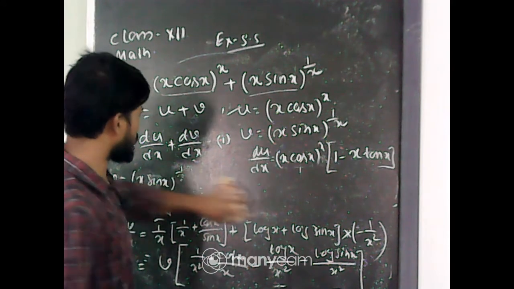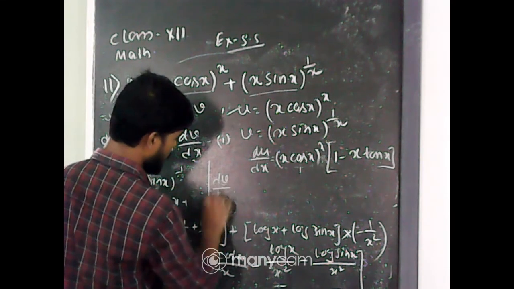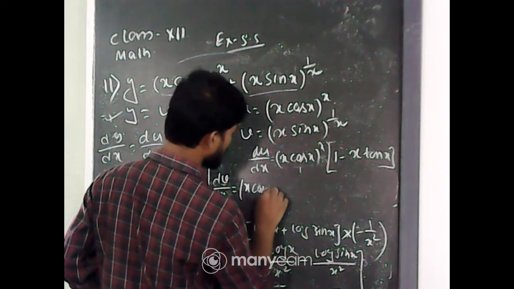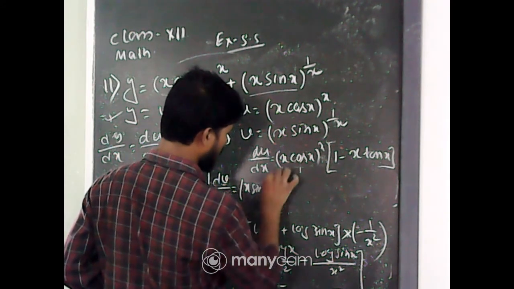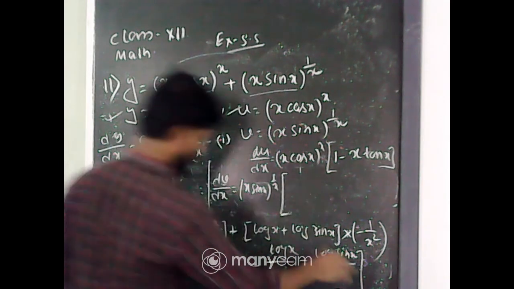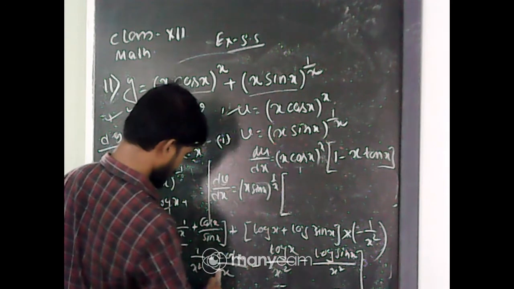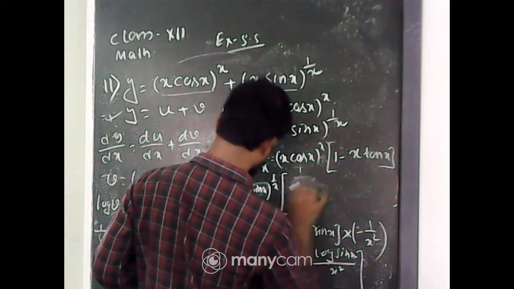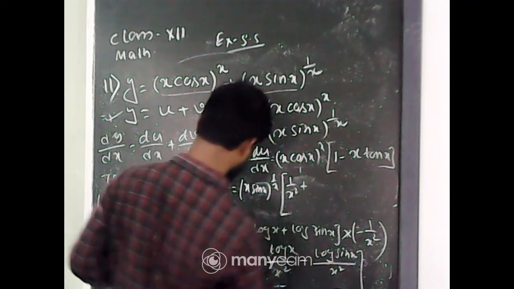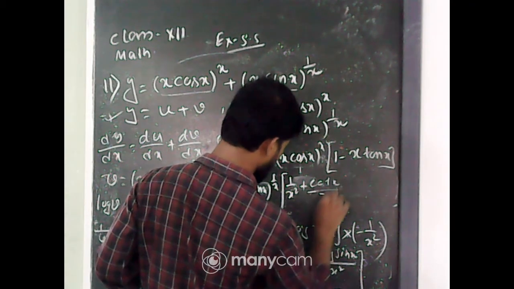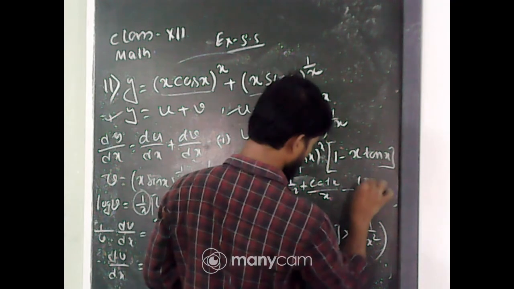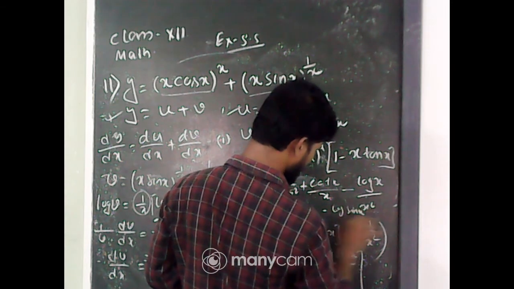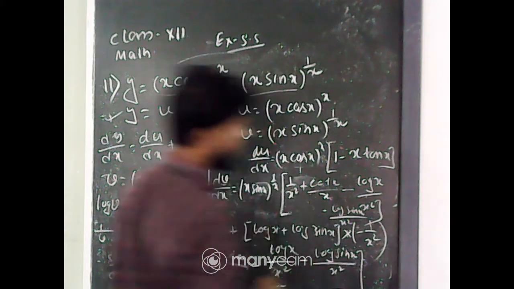So the derivative of v, that is dv/dx, will be (x sin x) to the power 1 by x into this total expression: 1 by x square plus cot x by x minus log x by x square minus log of sin x by x square.